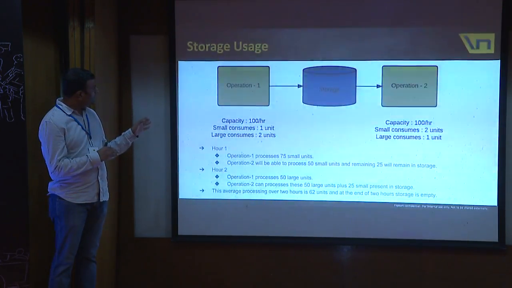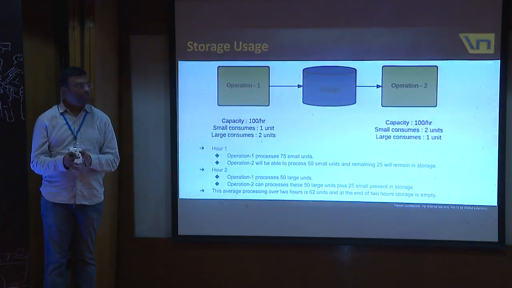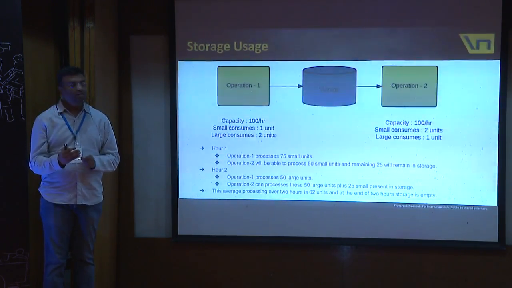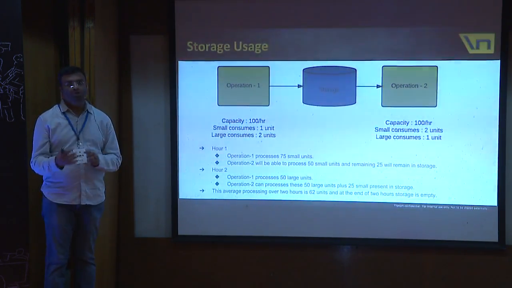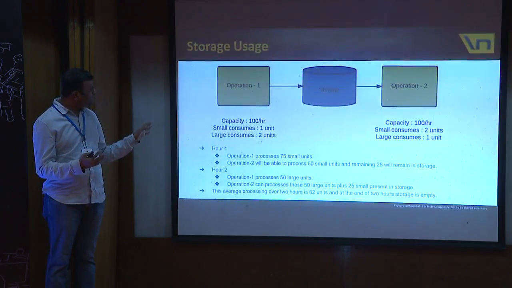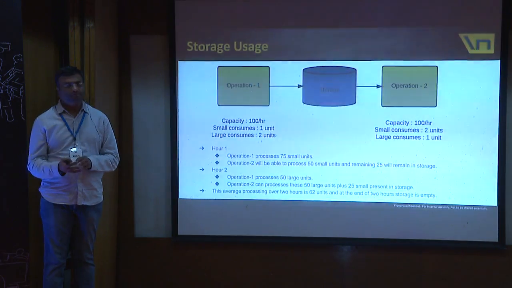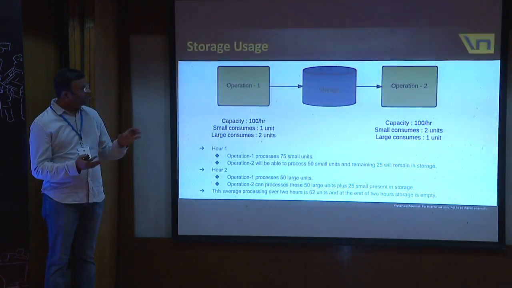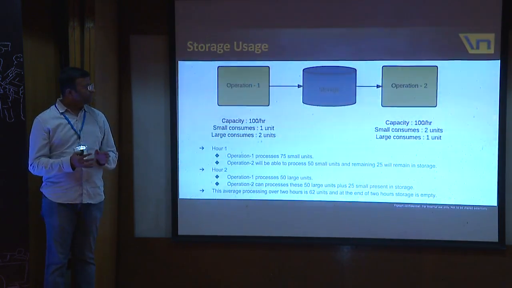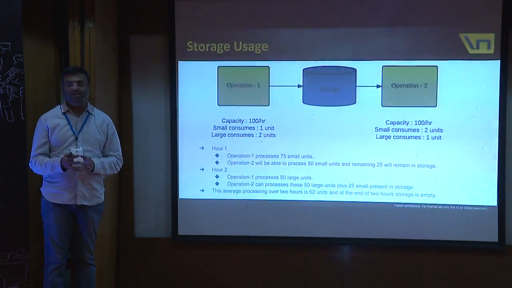So in operation 1, a small shipment consumes 1 unit of capacity, but the large unit consumes 2 units of capacity, which essentially means that here, if all are small, I can process more shipments per hour, right? In operation 2, it's exactly the reverse. Small consumes 2 units of capacity, whereas large consumes 1 unit of capacity.